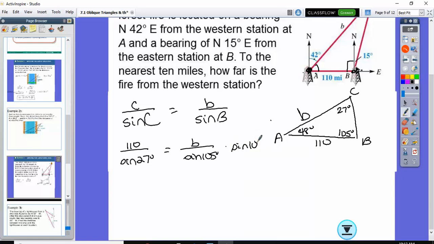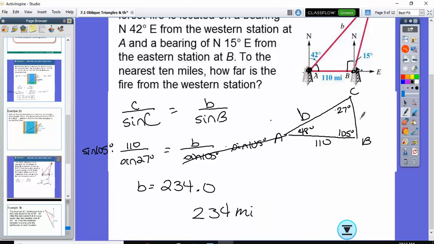Multiply that over. We get 234.0 or 234 miles.